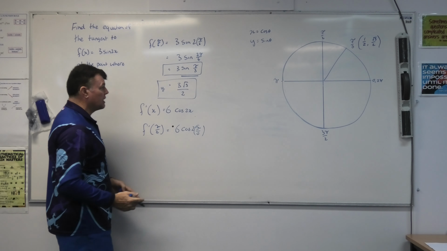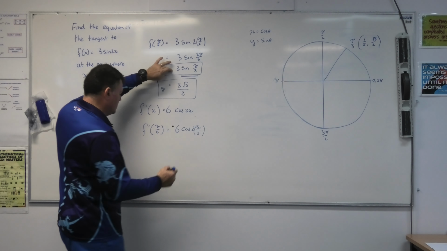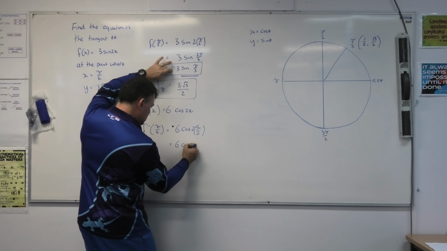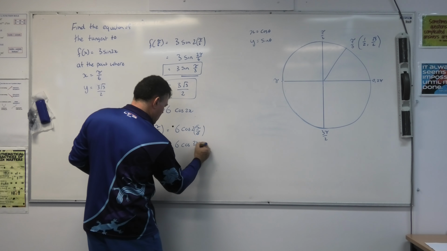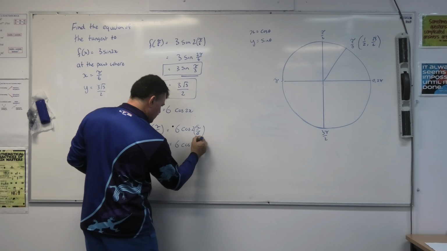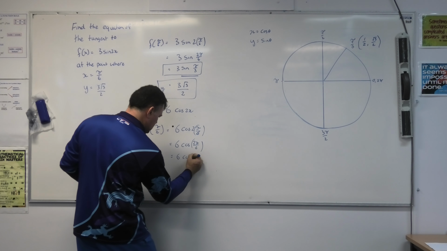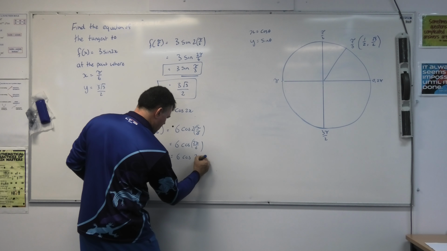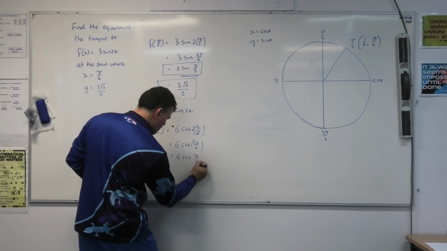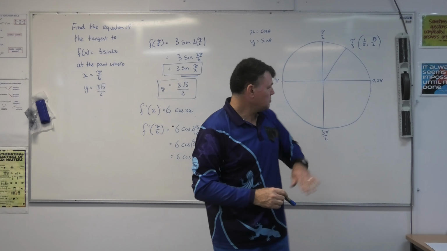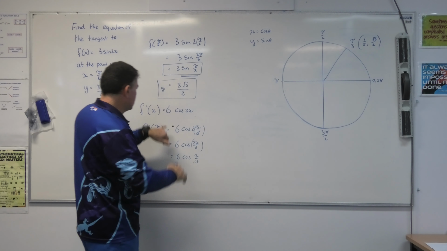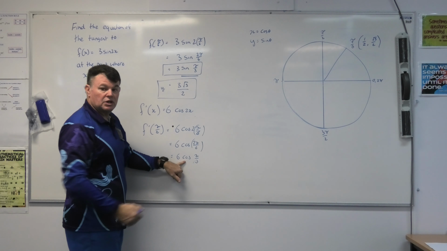So we'll get 6 cosine 2 pi on 6, which then becomes 6 cosine pi on 3. We're still in the same area in our unit circle, but this time instead of looking at the sine function, we're looking at the cosine.